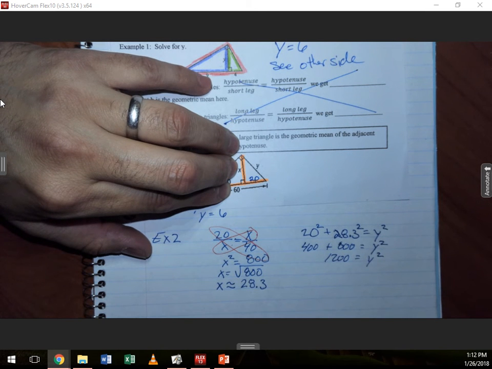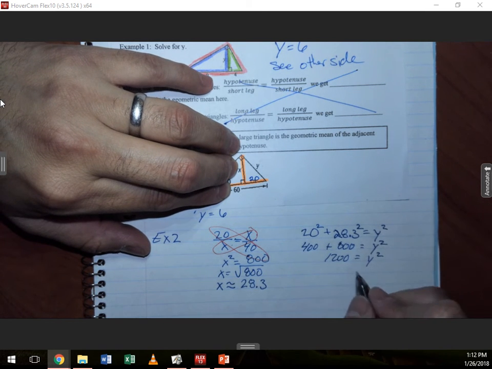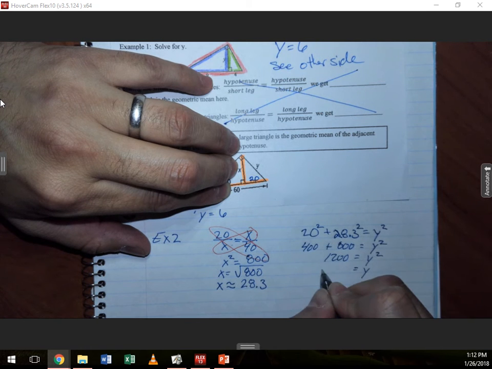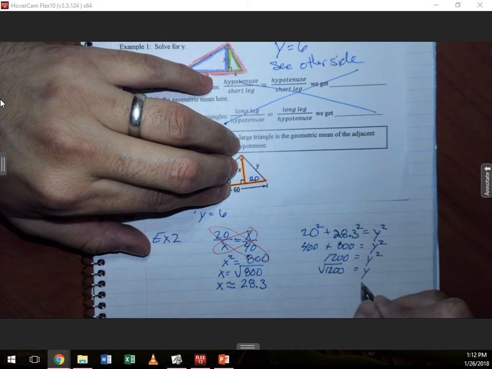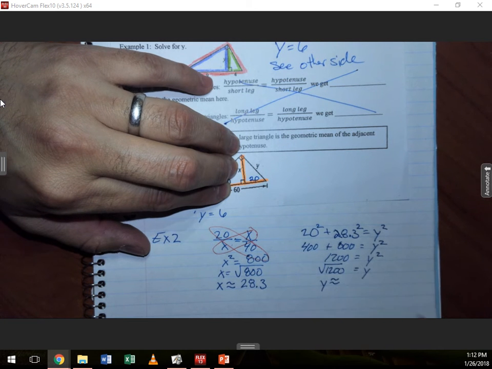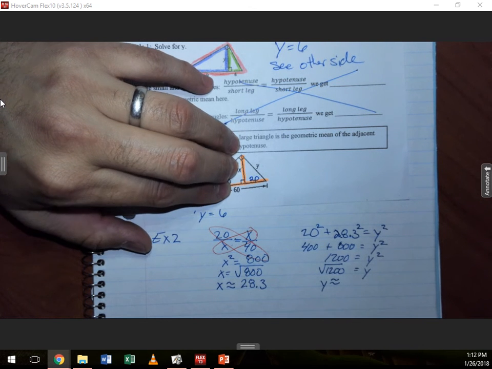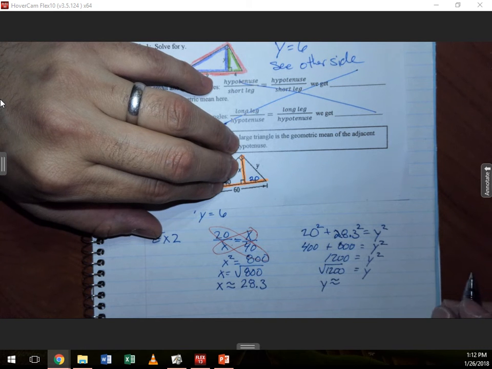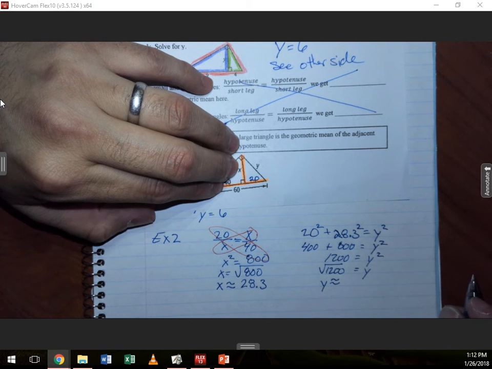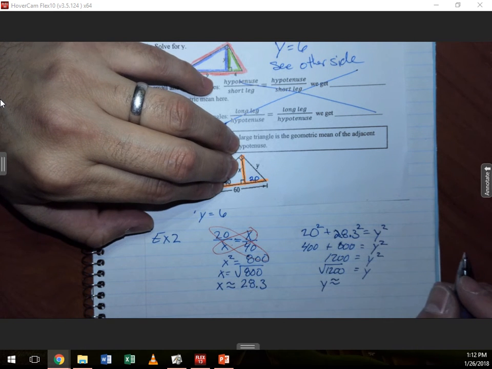And to undo my square, I do what? Square root. So y equals the square root of 1200. So y, I'm going to rewrite it, is about, so like 36 something. 34 point what?